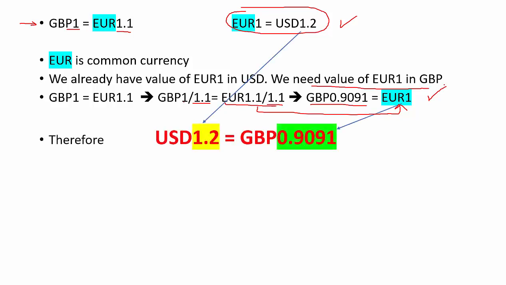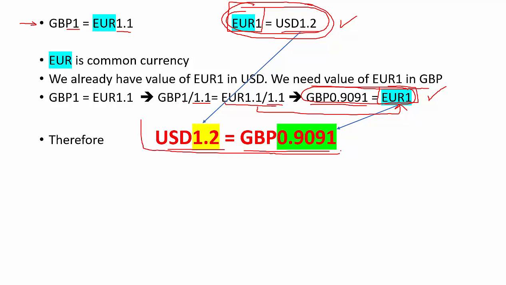So we simply put those together. Over here, we have 1.2 US dollar from this quote equal to 0.9091 pound from this quote, right? Why are they equal? Because they both equal €1. So this equation is the most important because it links US dollar and pound.